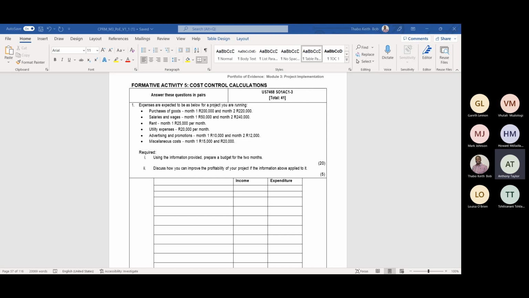Salaries and wages, 50,000 for month 1, 240,000 for month 2. Rent, month 1, 25,000. Utility expenses, 20,000 per month. Advertising promotions, month 1, 10,000, month 2, 12,000. Miscellaneous costs, month 1, 15,000 and 20,000.